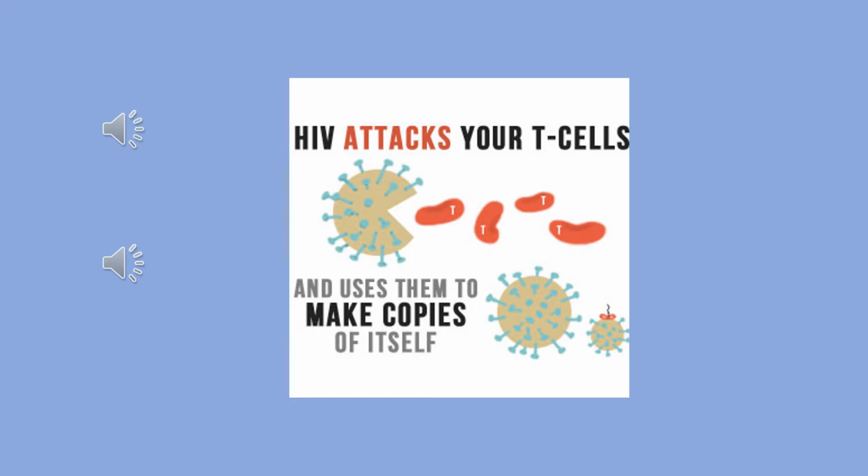It has a long incubation period of about 10 years in adults, but in children, and especially infants, it tends to progress a little bit more rapidly. Those who receive the virus through placental transmission, especially if the mother does not receive any treatment, are usually positive by 6 months of age, and they will develop clinical signs by 1 to 3 years of age.